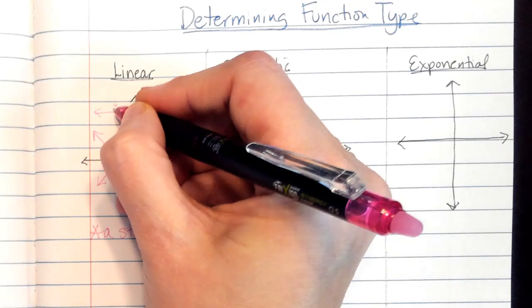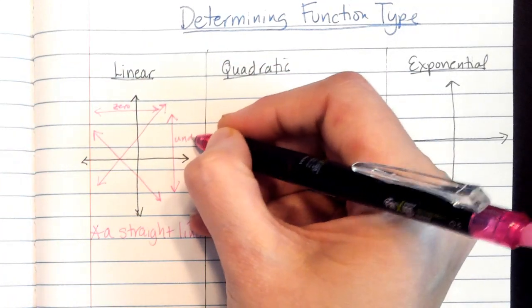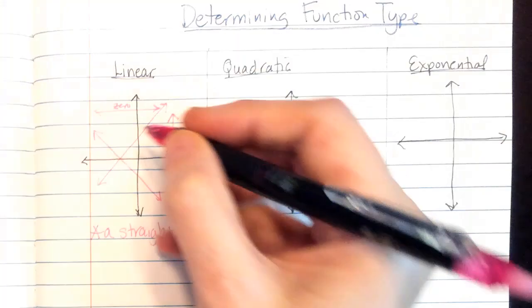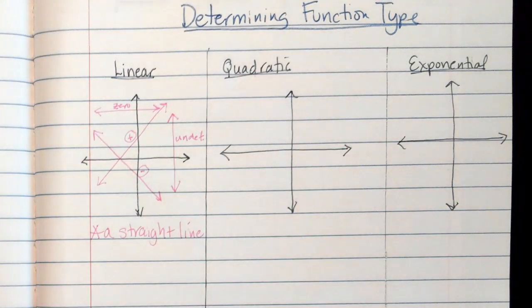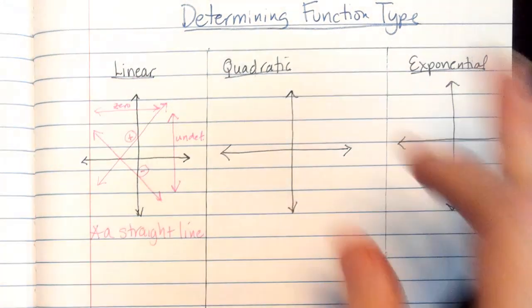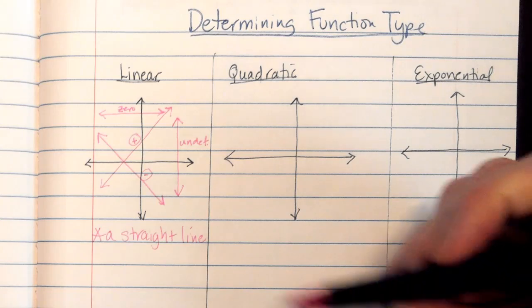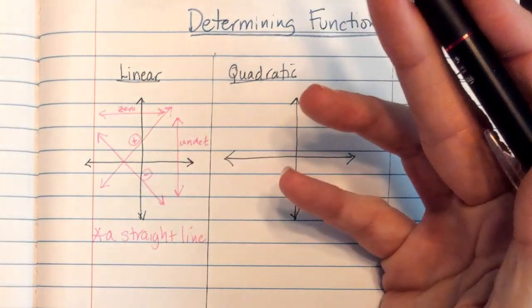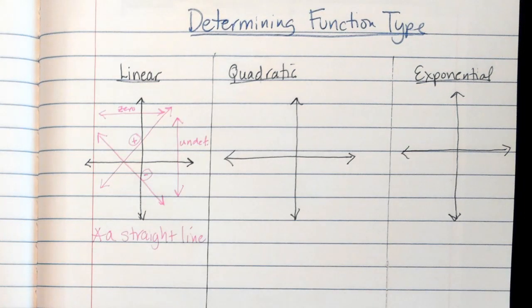So this is 0, this is undefined, this one is positive, and this one is negative. Now remember, technically a line with undefined slope is not a function, but it's part of the linear function family, so we're going to group it in there with the linear family.